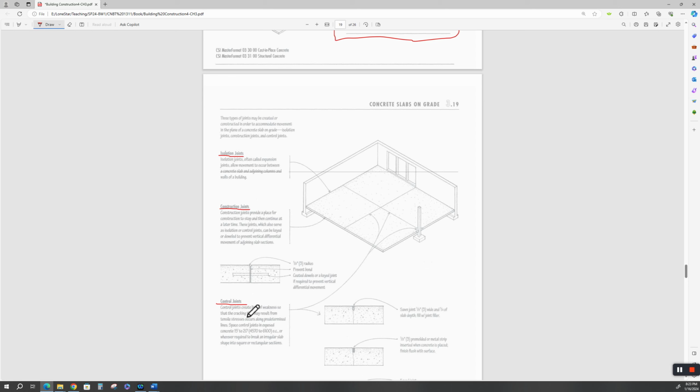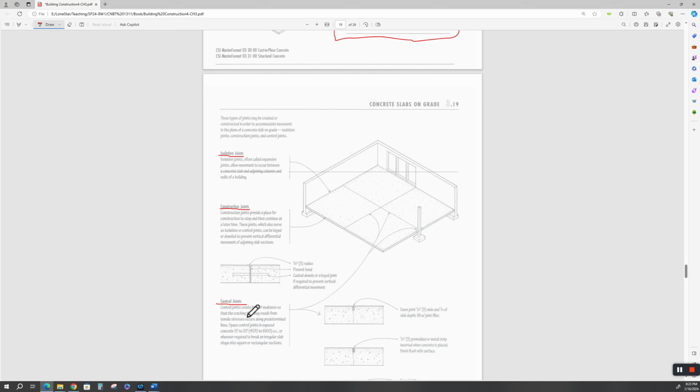Whether it's a road or a driveway or a slab on grade, you need to understand the difference between isolation joints, construction joints, and control joints. Isolation joints, often called expansion joints, allow movement to occur between a concrete slab and adjoining columns and walls of a building.